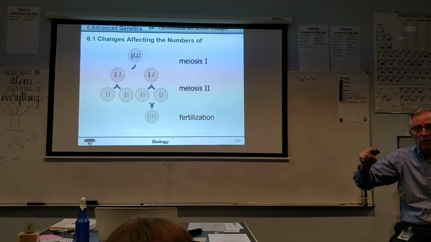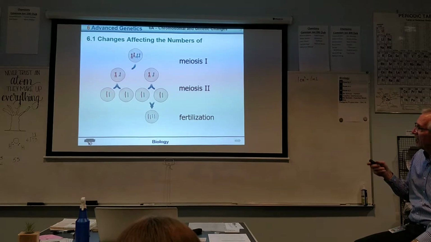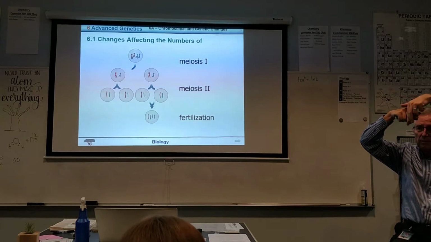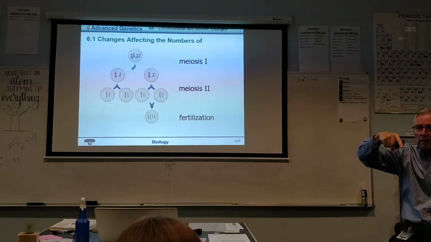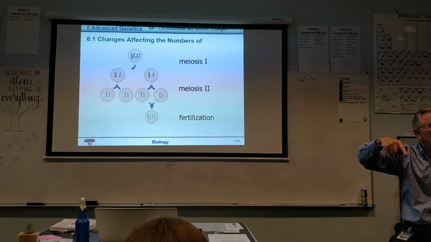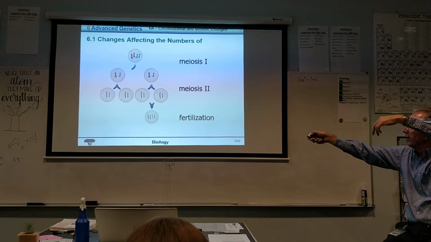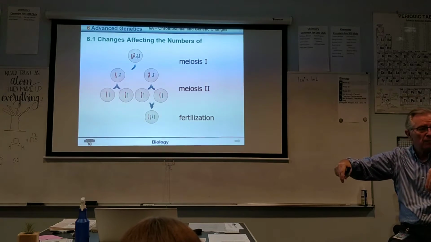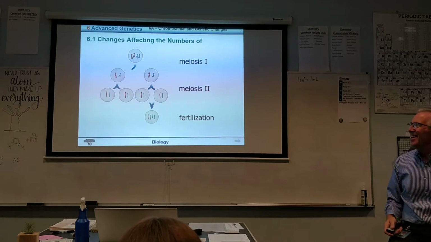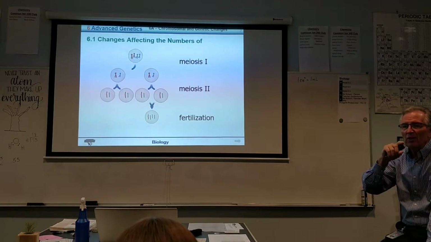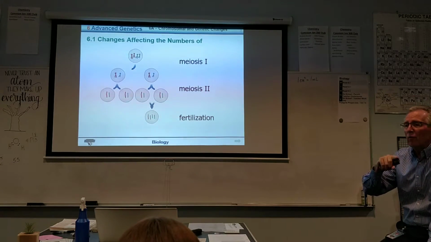Then there's one more meiosis, the second meiosis, where these 2 will now separate and go into 2 different gametes, and the other pair over here will go into separate gametes. And then you have formed either 4 eggs or 4 sperm.